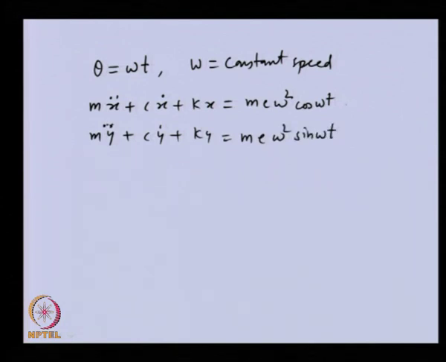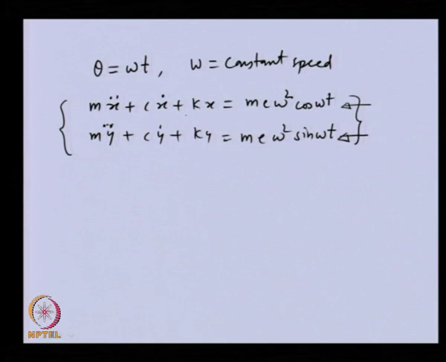So, you can see these equations are representing transverse vibration in the x and y directions. As such, these two equations are independent of each other. They are not coupled equations, so we can solve the equations separately. If you recall in the previous lecture, for the single degree of freedom system, the second equation we solved, and those solutions are valid here also, because you can see the rotor is symmetric and the properties are the same.